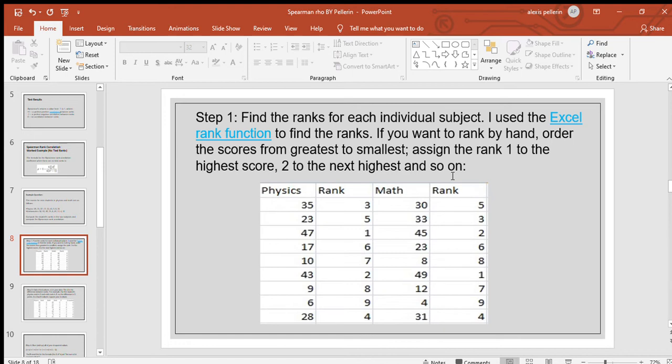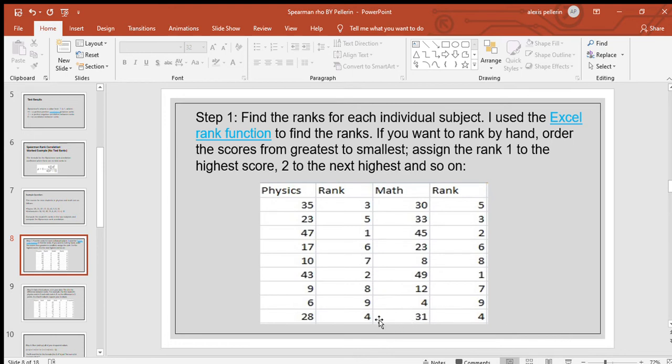Assign rank 1 to the highest score, 2 to the next highest, and so on. As we see, 47 is the highest and 6 is the lowest in physics. In mathematics, 49 is the highest and 4 is the lowest.